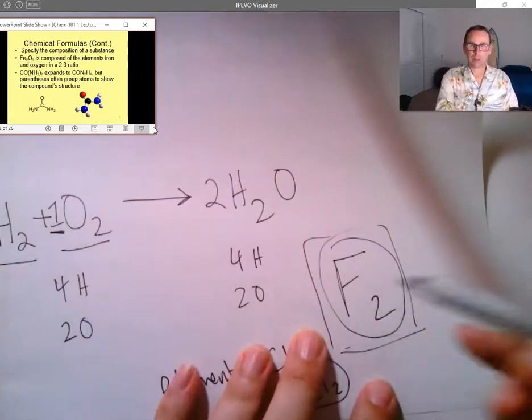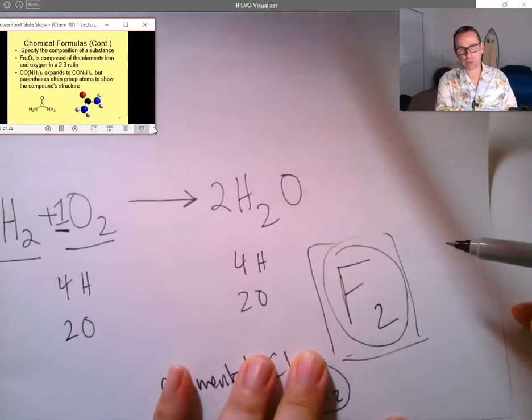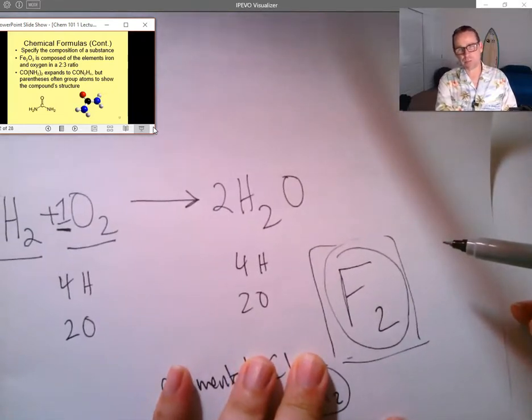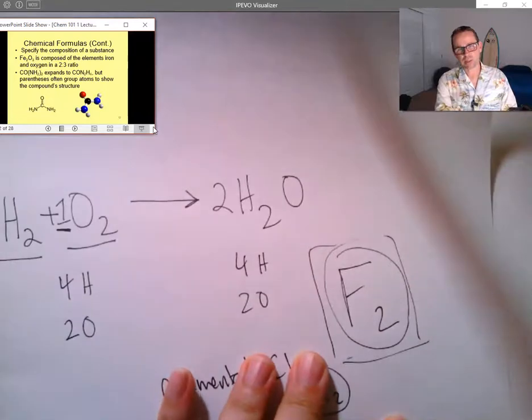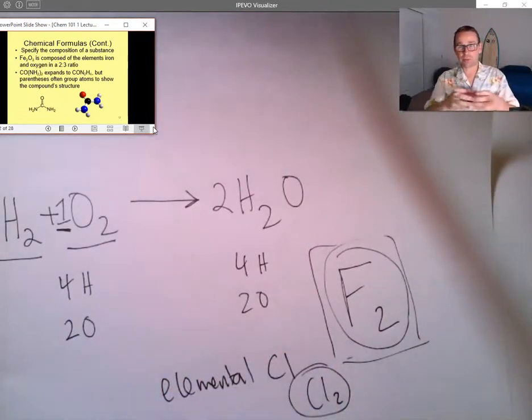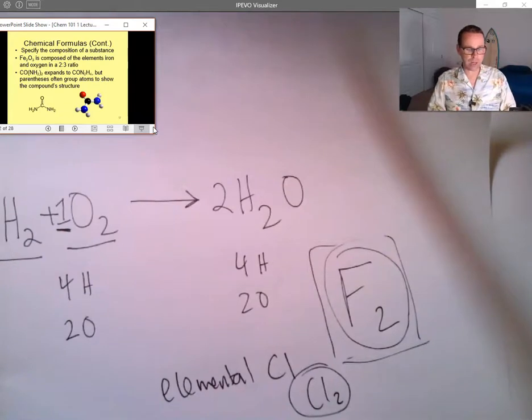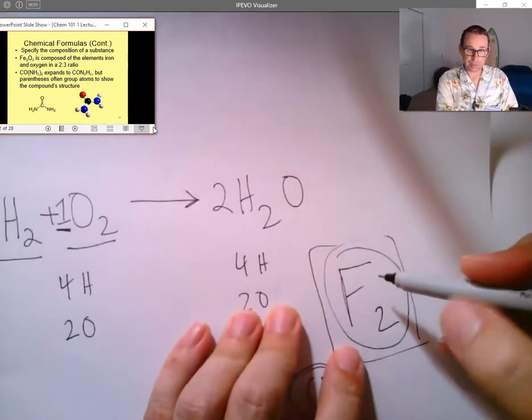And for fluorine, the word molecular is kind of like the word modular. You've probably heard of modular homes, right? Homes that are kind of one piece and can move around as a home, as opposed to lots of boards that come together and make a house. Molecular is the same type of thing.